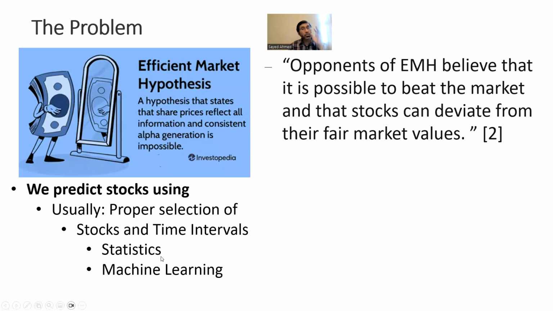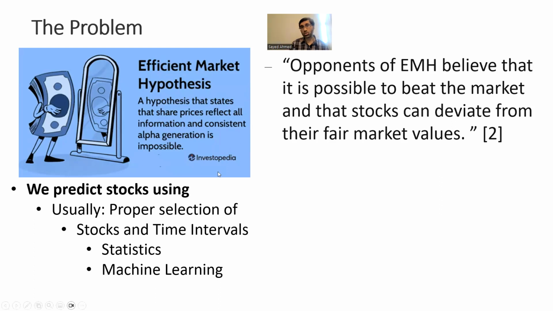Now, when we predict prices, what do we do? Usually, we select some stocks and some interval, and we predict price for that particular interval. And we use statistics and machine learning in general, right?